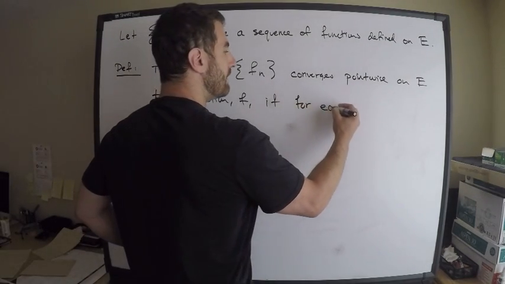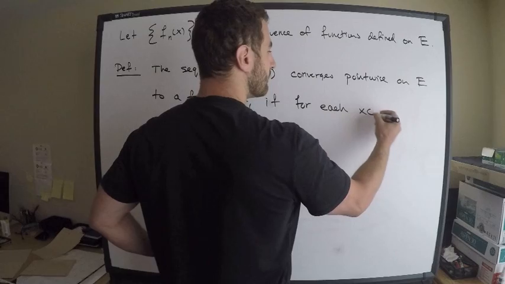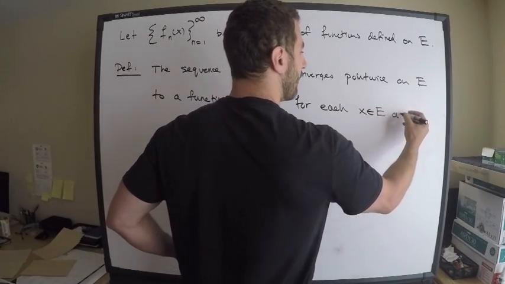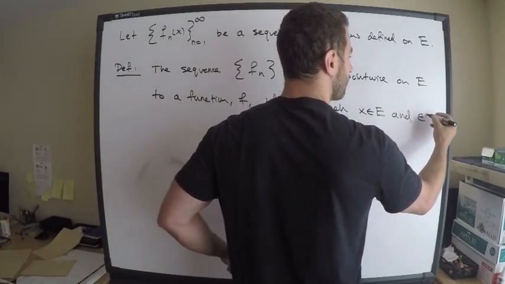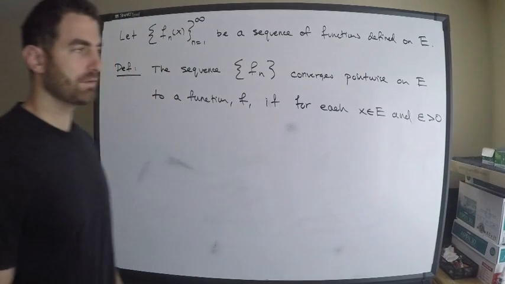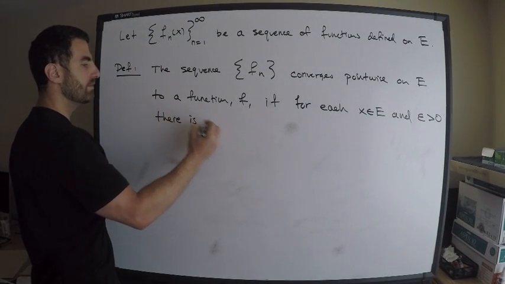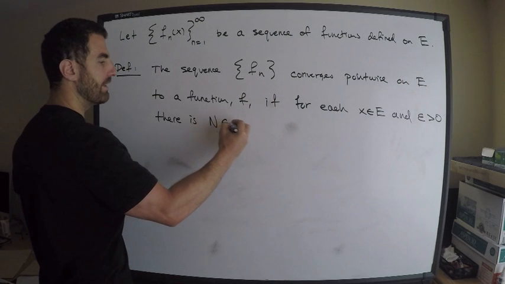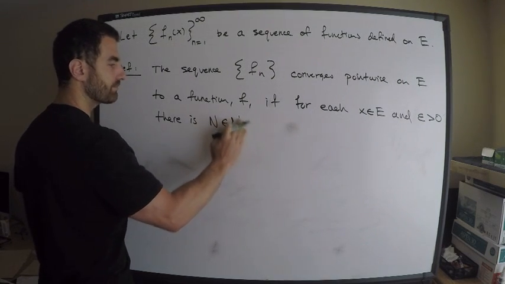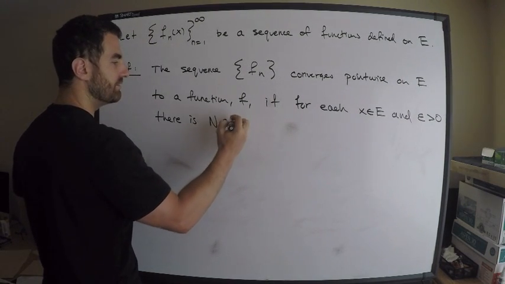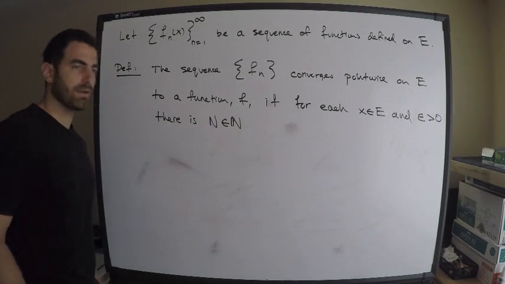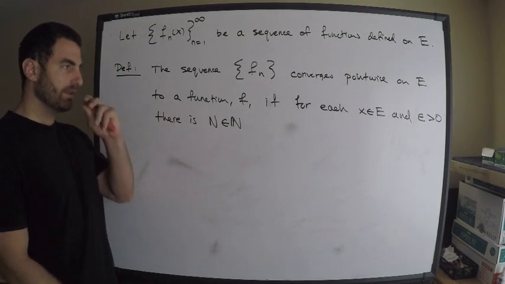for each x in E and epsilon greater than 0, there exists a capital N, a natural number. We're choosing this to be a natural number, and I'll go over what this means in a second.